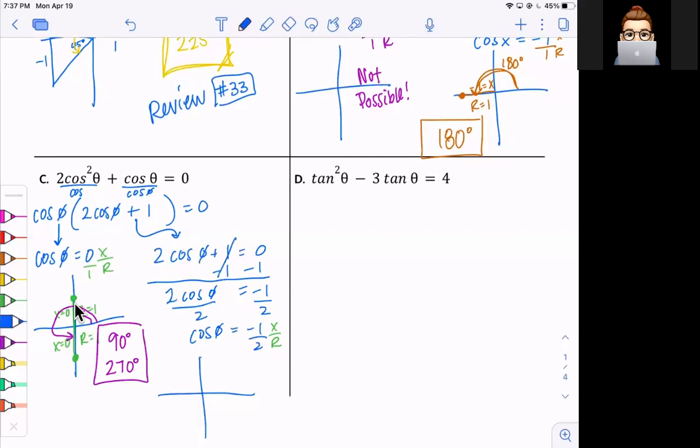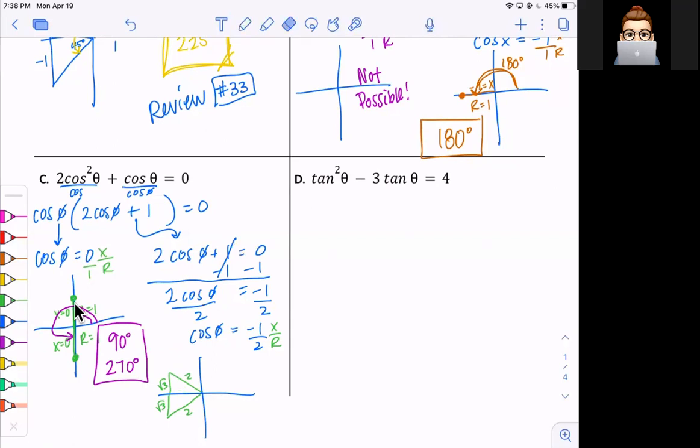All right, my x is negative, so I'm going to be over here, -1. That means I have y's of square root 3, so my radius is going to be 2, which means this is a 30-60-90 triangle.